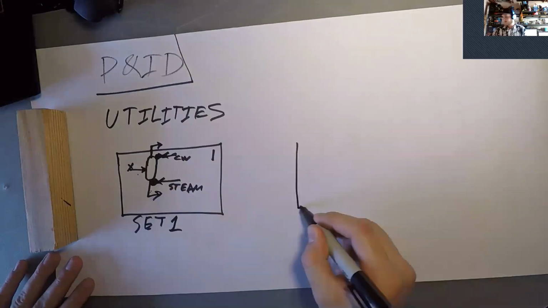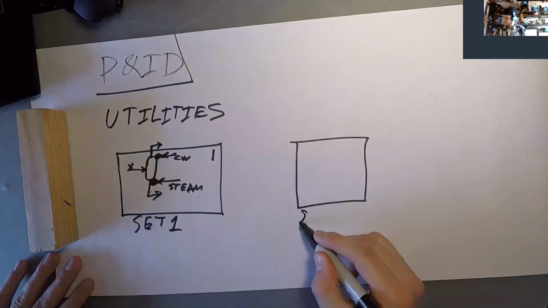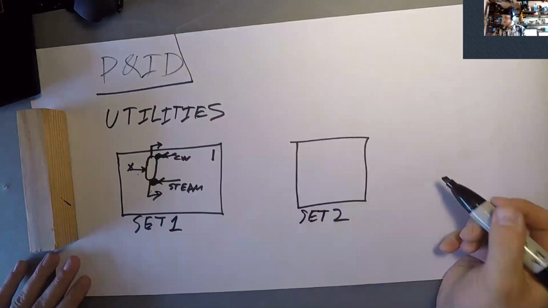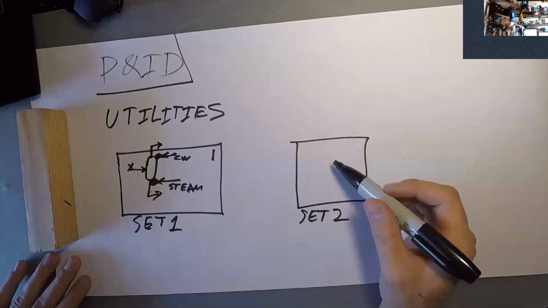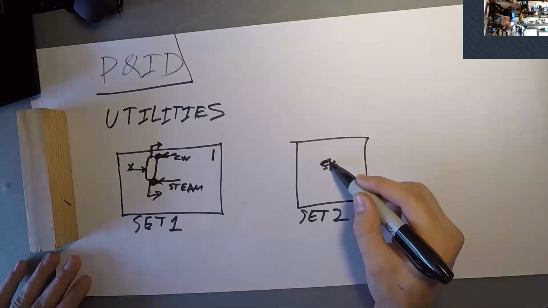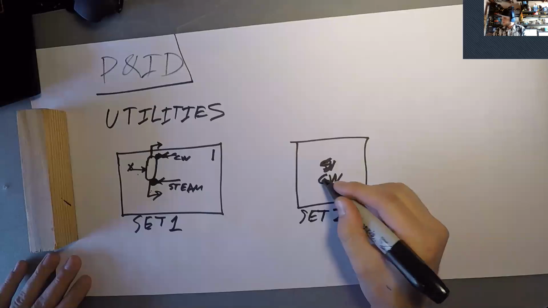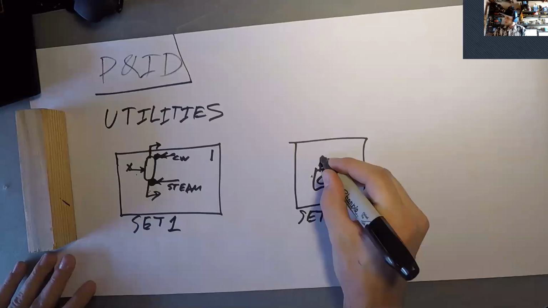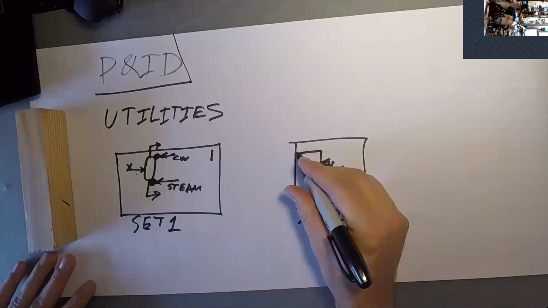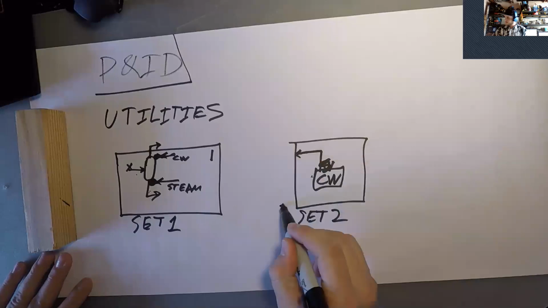And then over here, set two would deal with your chiller. Oof, that needs to be a C, not an S. So chilled water generator, and that goes out. And then you have a return.